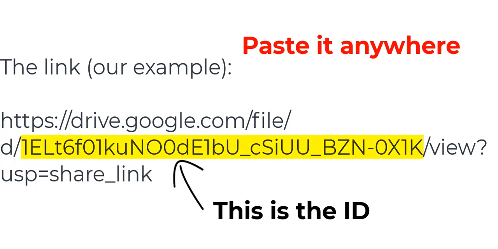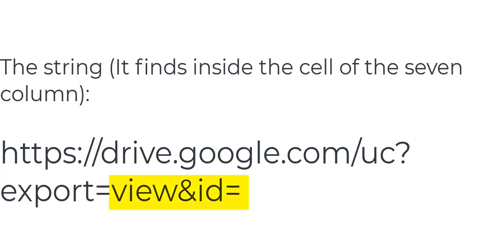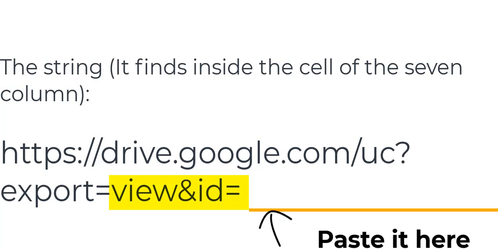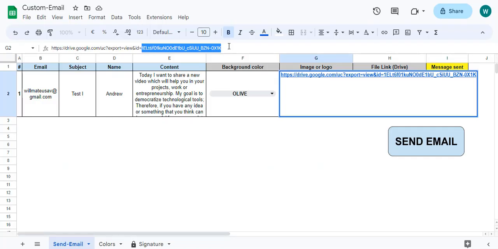And paste it after the following character string, view and id equal, in the link found in the image field, like this. But if you don't want the template to show any image or logo, you can erase the link and the template will send the email without the image or logo.